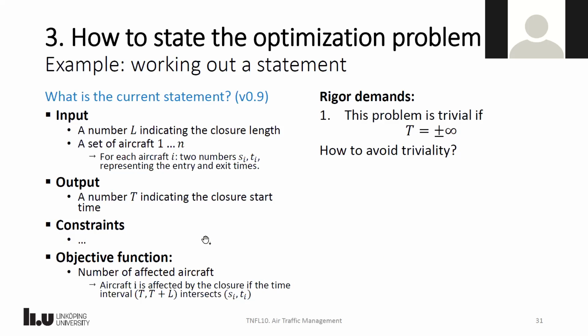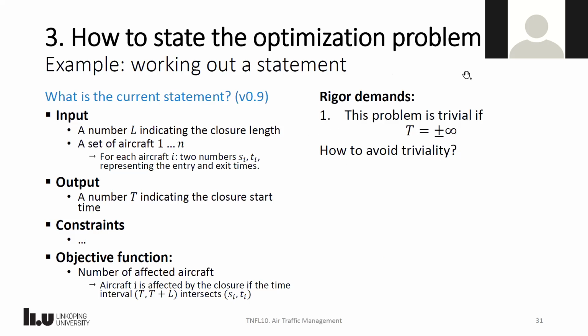So finally, we're almost there. There is another question that may arise, which is, for example, okay, well, I will close it. If I want the aircraft not to be affected, then I will just close it never. I will close it at t equals infinity, and that's not something that's possible.